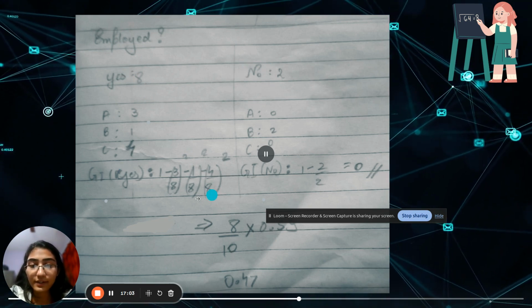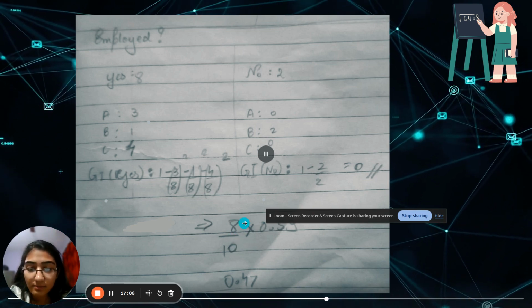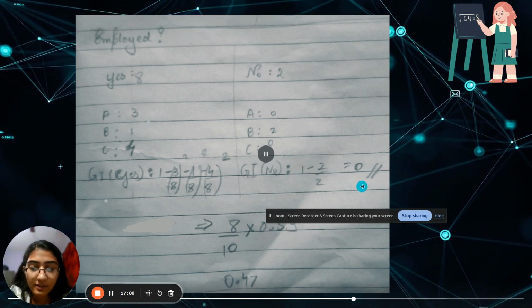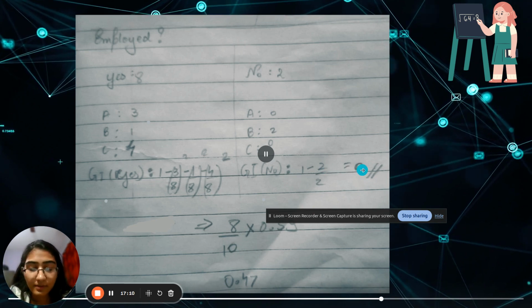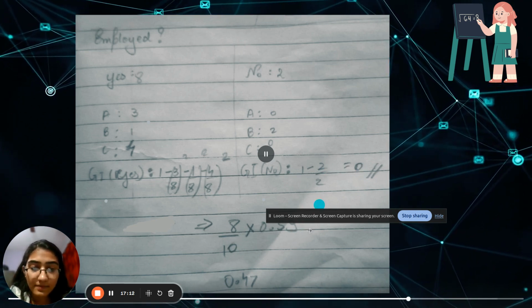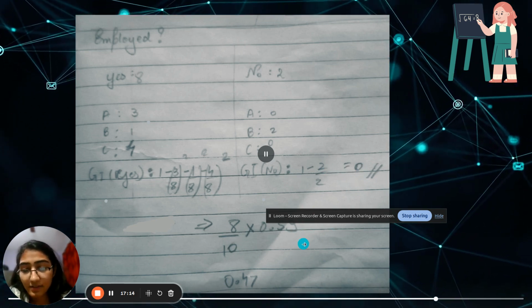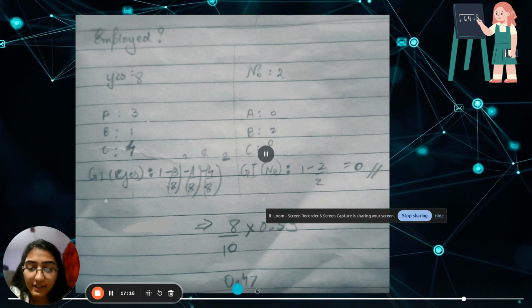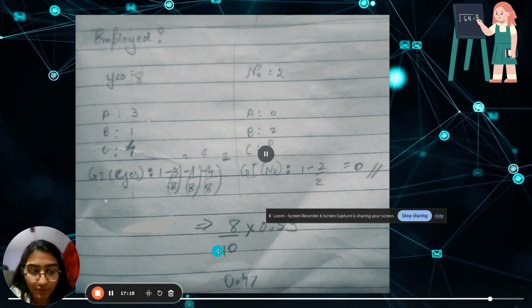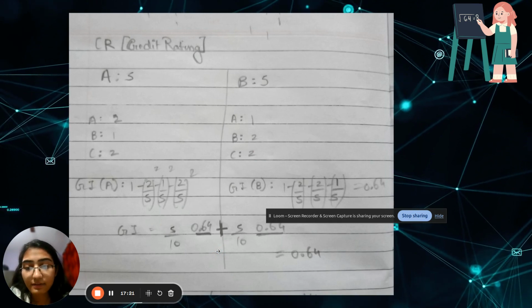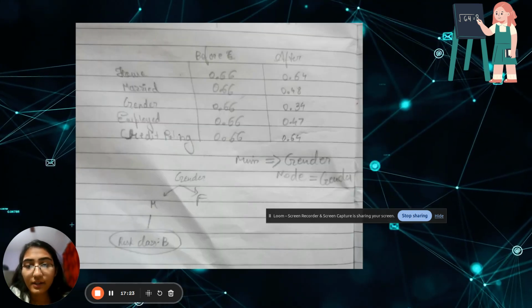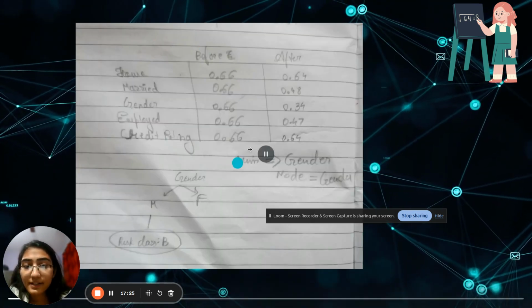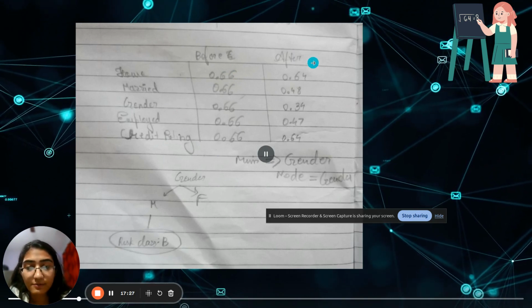Then after calculating total, 8 by 10 multiplied by 0.59, and obviously we are not explicitly writing plus 0. So total Gini index for this attribute will be 0.47. Similarly, we will find out for credit rating. Okay, so this one is before splitting Gini index, and this one is after splitting.